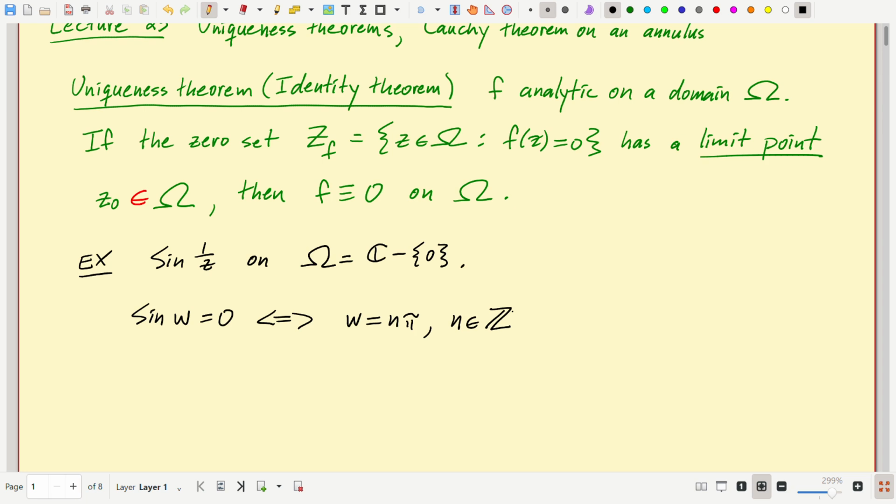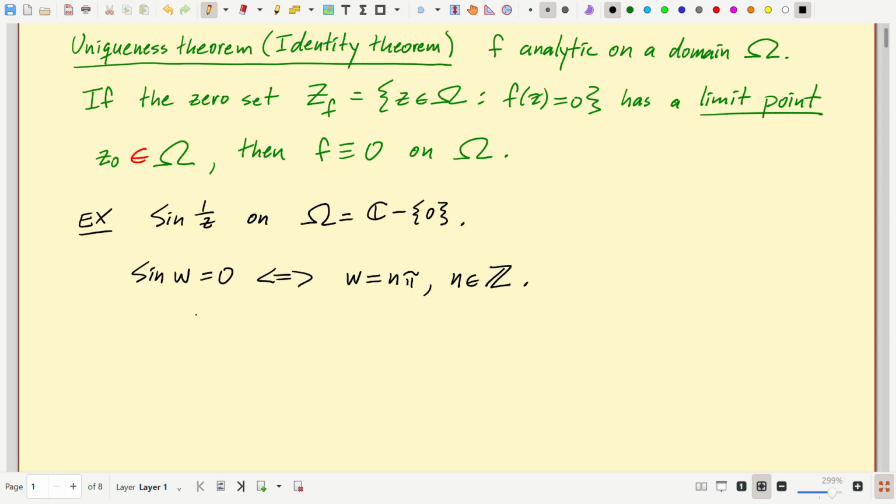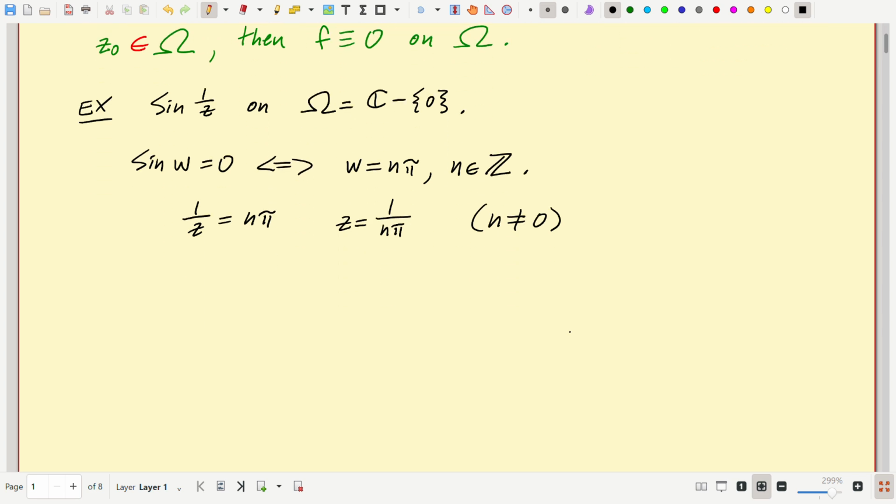Could be 0. So 1 over z is equal to n pi. That happens when z is equal to 1 over n pi. And we better not take n to be 0, so for n unequal to 0. So those zeros pile up at the origin.